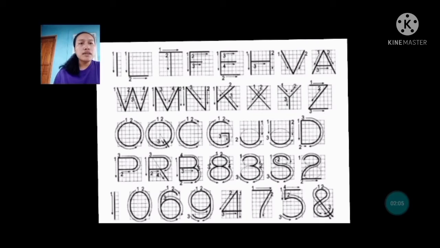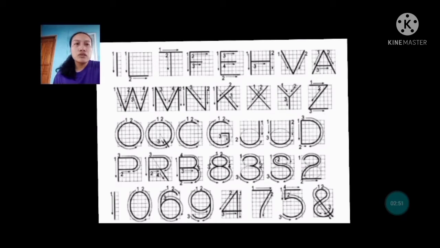As we see in the letters, it is called single stroke. So this is an example of single stroke vertical uppercase letters. This is one of the types of making numerals.